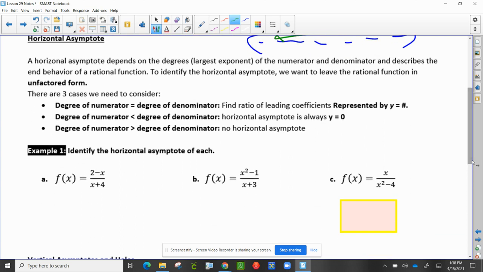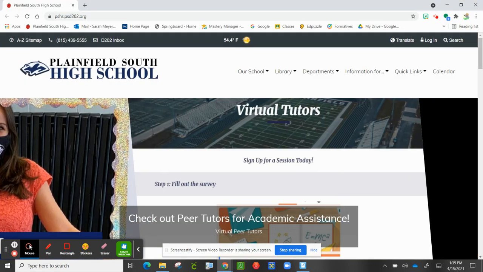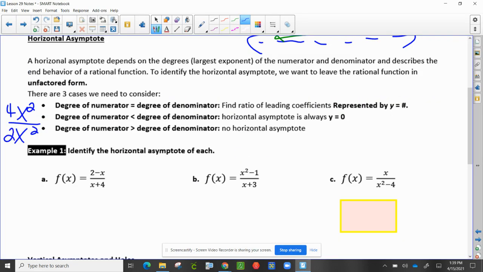If the degree of the numerator is just as big as the denominator, so our degrees are equal, for example x squared over x squared, then your horizontal asymptote is going to be the ratio of your coefficients. Say I had a coefficient of 4 here and a coefficient of 2 on this one. 4 over 2, your ratio, so you would just divide that out. That's your first scenario.